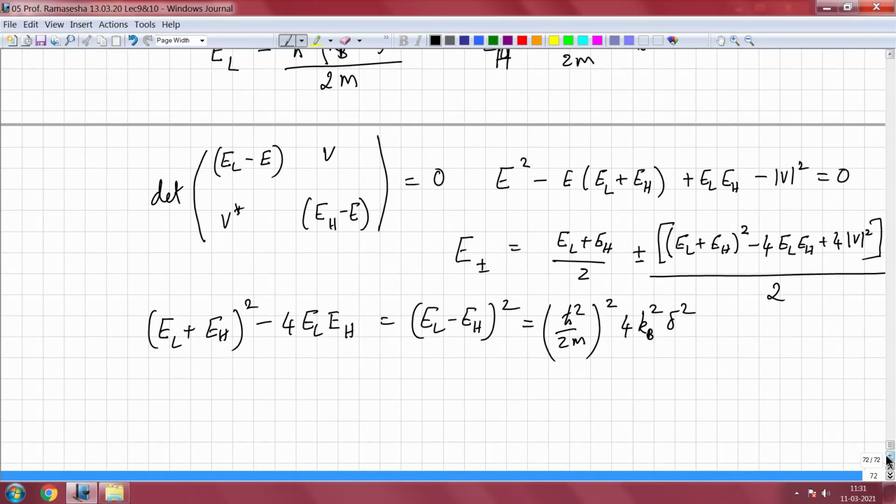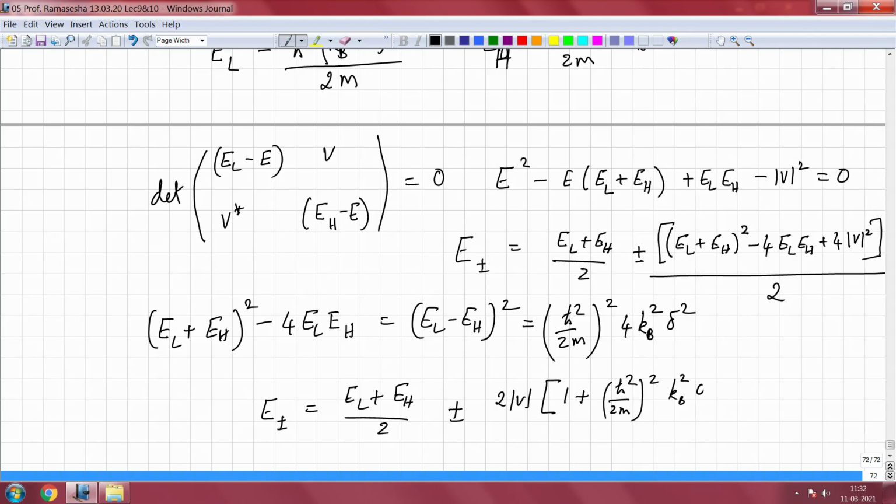So that I will have E plus minus is equal to (EL plus EH) by 2 plus minus 2 times modulus V, which I have taken out, times 1 plus (h cross squared by 2m) the whole squared kb squared delta squared divided by modulus V squared, whole raised to the power half, divided by 2.